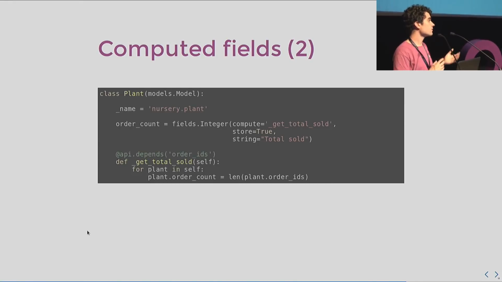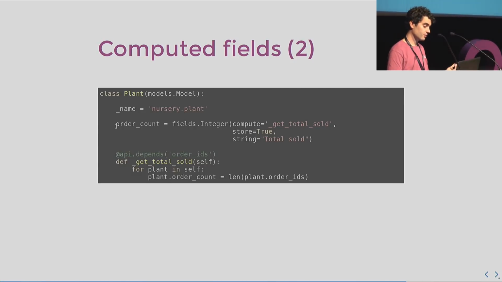Okay, to define it, again, this is quite easy. In this example, I added on my nursery plant model a new field called order count that will just be the number of orders that have been made for my plant. For the definition, again, a simple fields.Integer, as it will contain an integer value. And then I can specify the method that will be called when I want to compute the value.